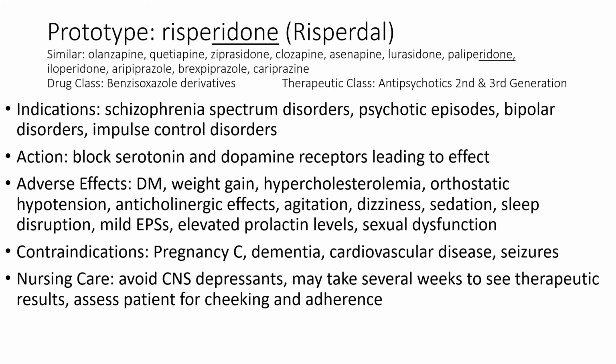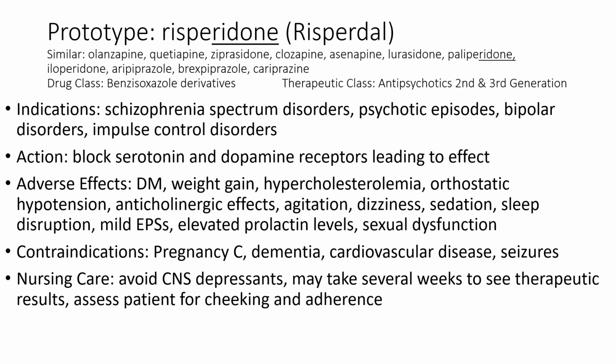They can also cause orthostatic hypotension because they're still messing with neurotransmitters, and that can lead to drops in blood pressure when you get up too fast. I think I mentioned anticholinergic side effects. Yes, they can still happen, not to the same extent as the first generation. Okay?